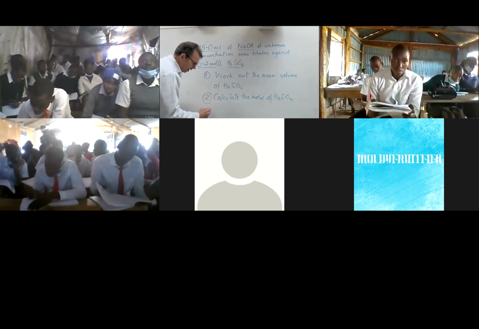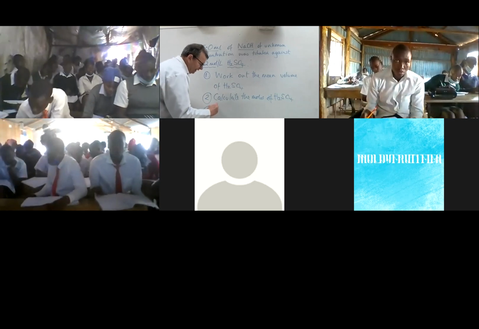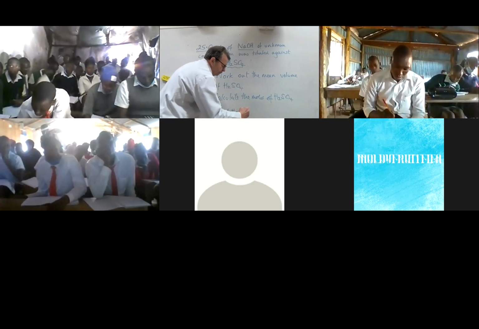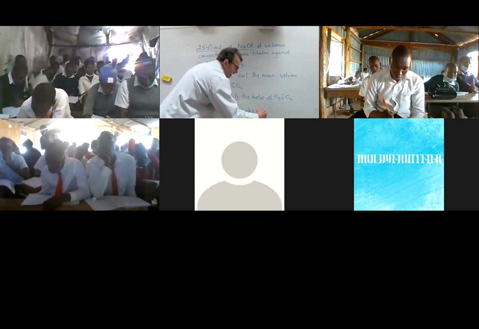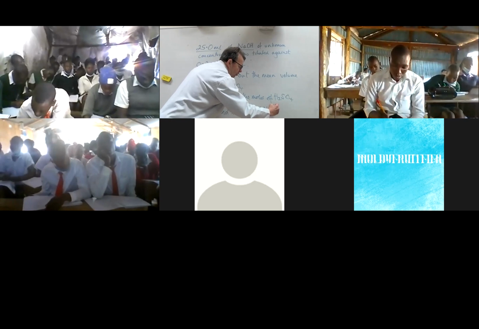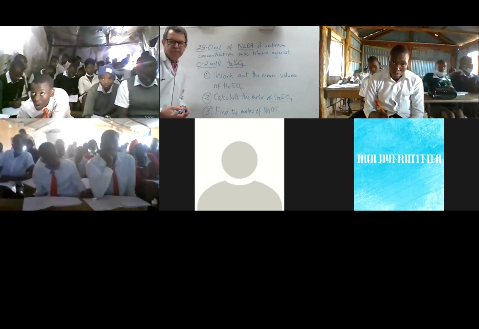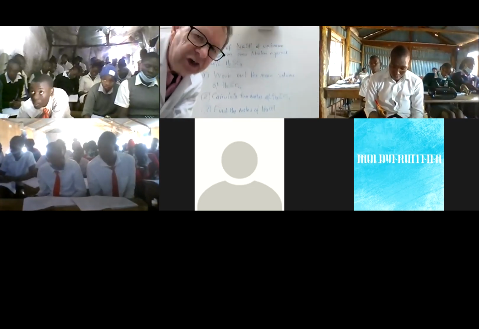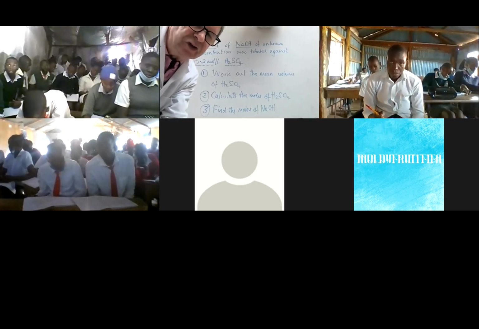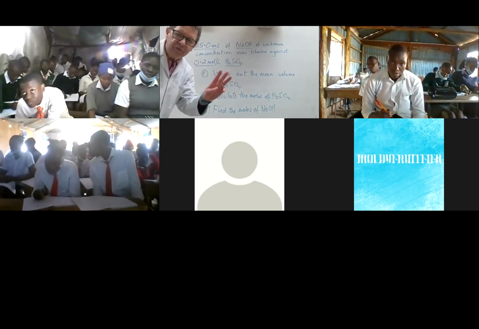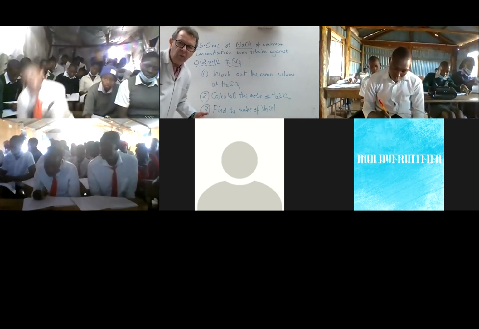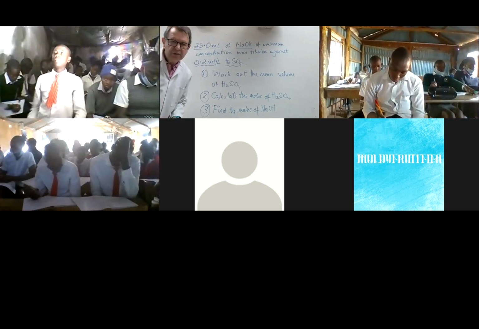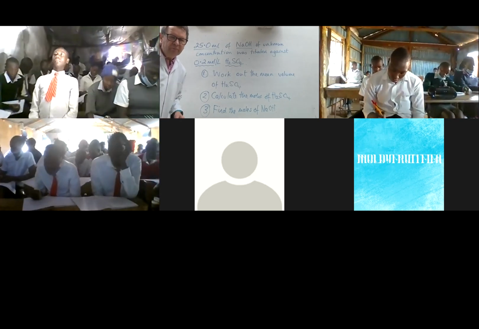The third part is find the moles of NaOH. Okay, so that's nearly the end of the question, but find the moles of the NaOH. So 3 parts so far. There is another part which will come.